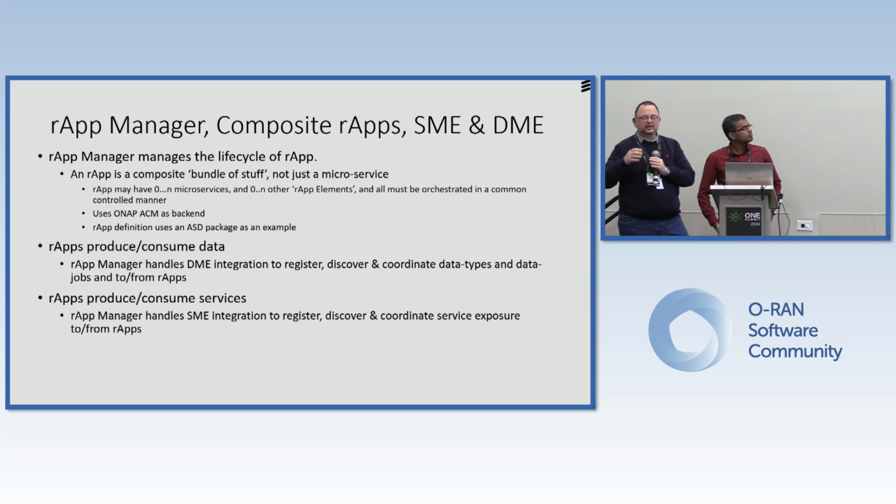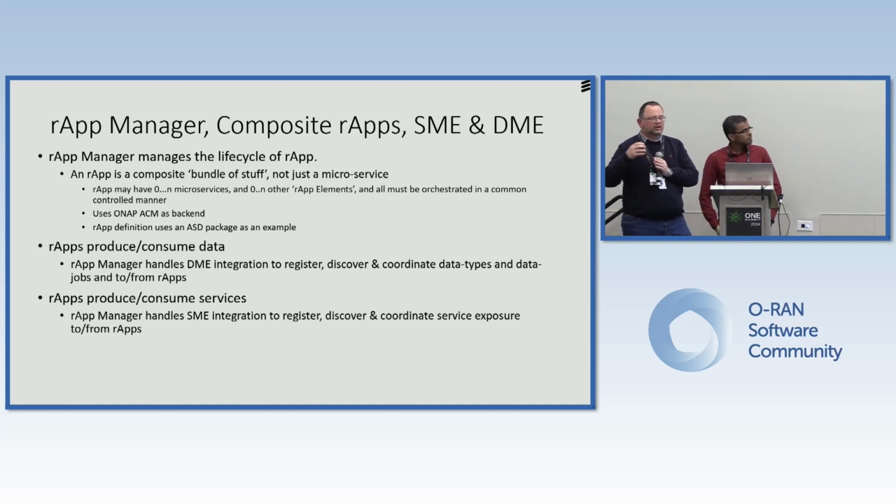We think that an rApp can have 0 to n microservices. It can have 0 to n other rApp elements. There's a function in ONAP that helps us to lifecycle manage these compositions of apps, but mapping that to the idea of an rApp is something that we're focusing on in OSC.